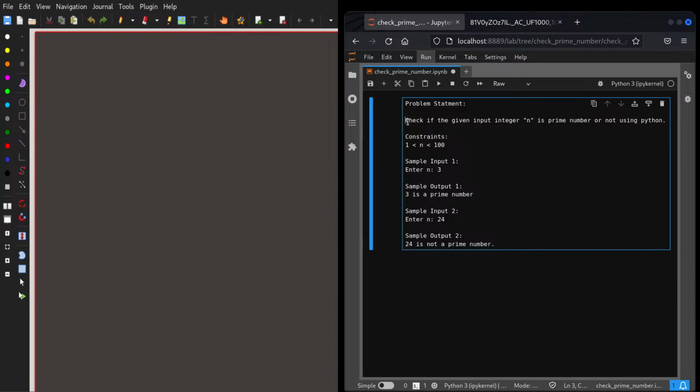Our task is to check whether the given input number n is a prime number or not, and the input can range from 2 to 99. Just for example, I have taken this range. This is the constraint: input should be between 2 and 99.